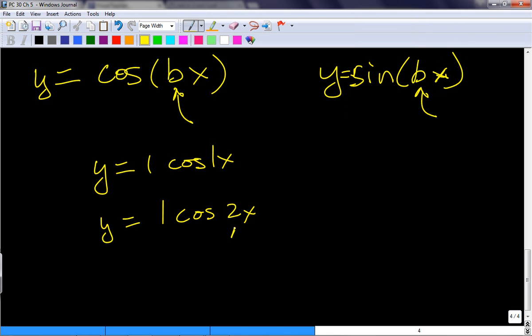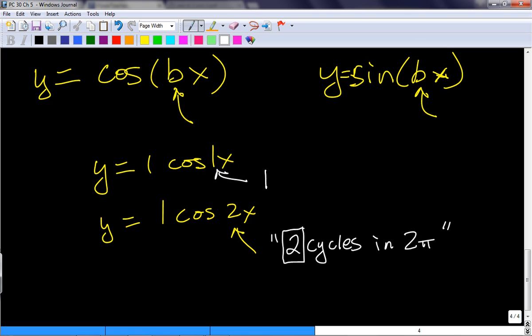So what does the b value do? Well, you can think of it 2 ways. You can think of it as 2 cycles in 2 pi. 2 instead of 1 cycle. That's 1 cycle in 2 pi. This one is 2 cycles in 2 pi. So if you have to make 2 cycles over the same length, your period length decreases.